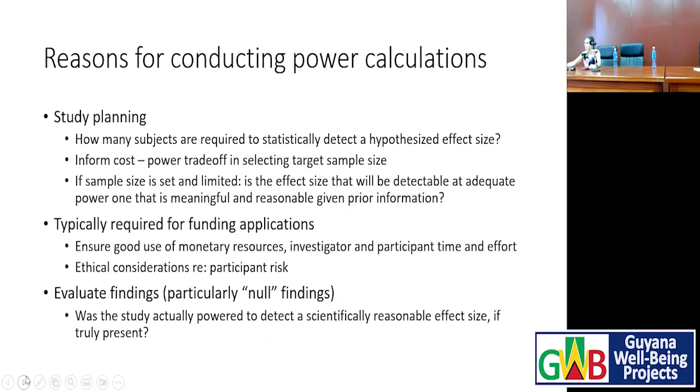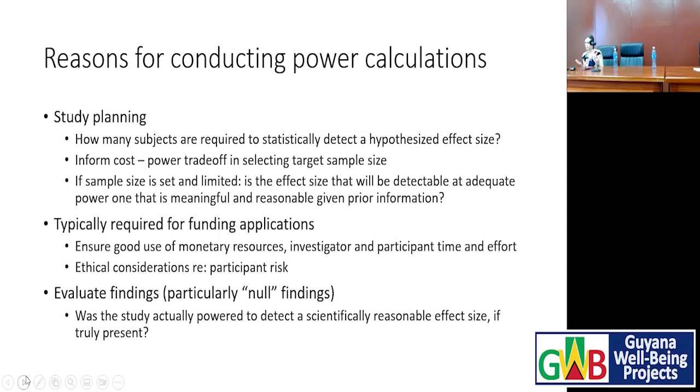Okay, so what are some of the reasons that we would want to conduct a power calculation? It's important for study planning. If you're planning a study and you're making decisions about how you're going to do that, how many subjects are going to be required for your study to statistically detect hypothesized effects.